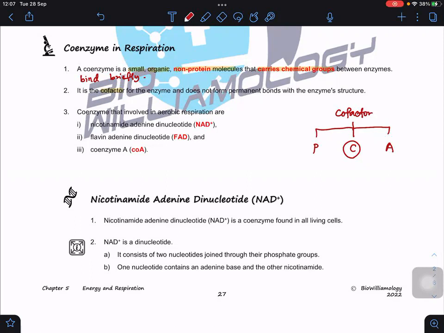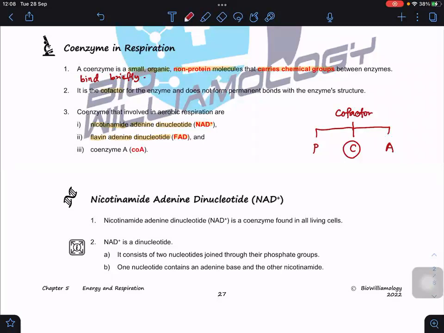So what are the coenzymes involved in aerobic respiration? We have NAD and FAD. In our syllabus, if you write NAD, FAD short form, no problem. But what's NAD? NAD stands for nicotinamide adenine dinucleotide, and FAD stands for flavin adenine dinucleotide.